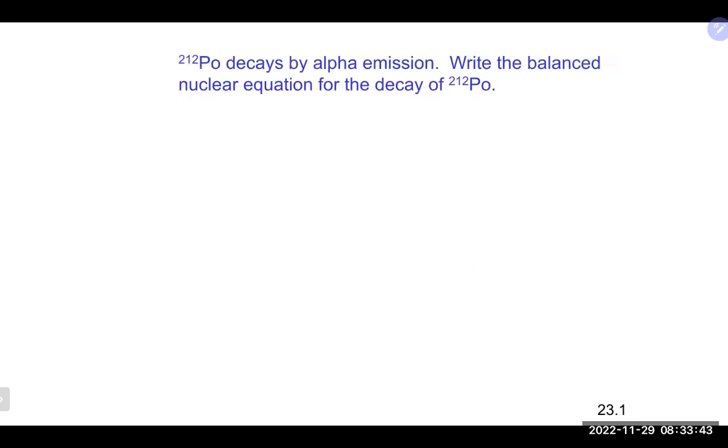So for example, here, if we were to do this reaction, we would look at Po-212, and that's what we would start with. It decays by alpha emission. So alpha emission means it's going to give off an alpha particle, which you could represent with the alpha symbol with the appropriate 4 and 2.